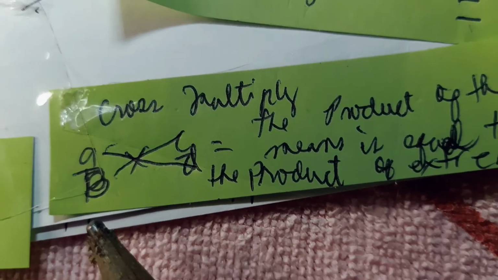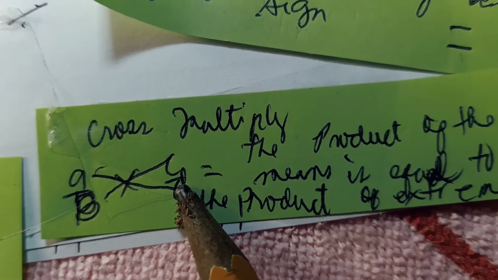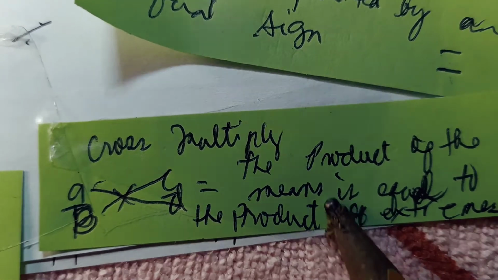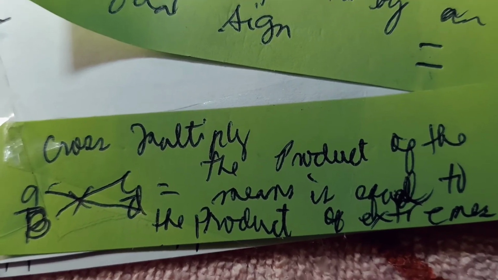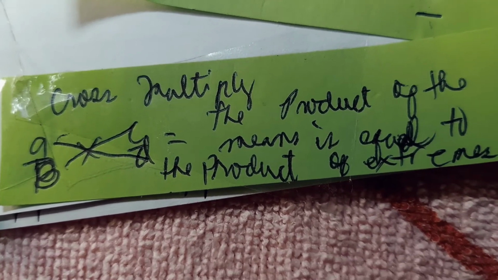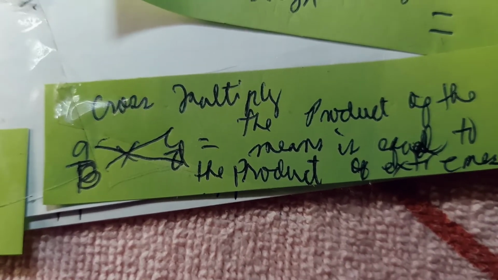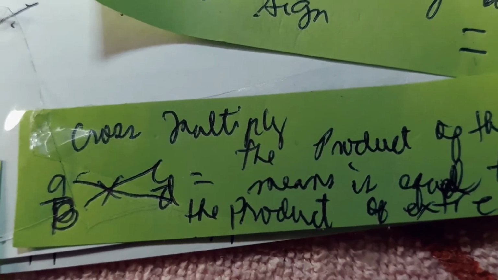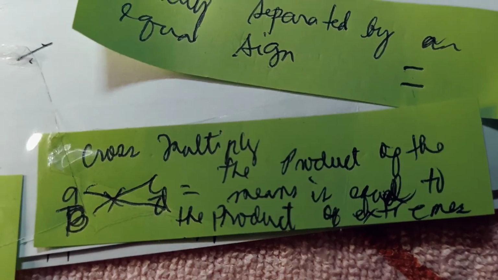A over B equals C over D. So, cross multiply. It means that the product of the means and extremes are equal. That is called proportion, because the two ratios, or two fractions, are equal. If they are not equal, it cannot be called a proportion.